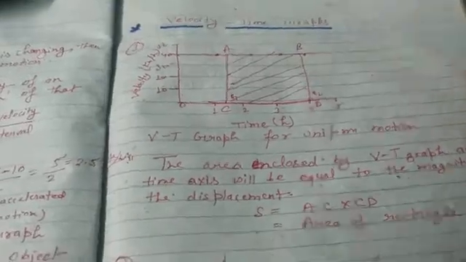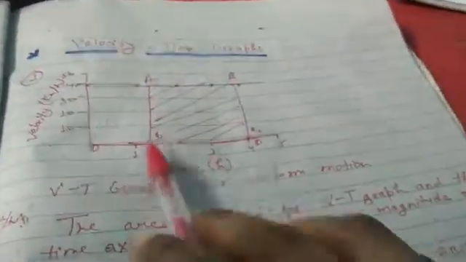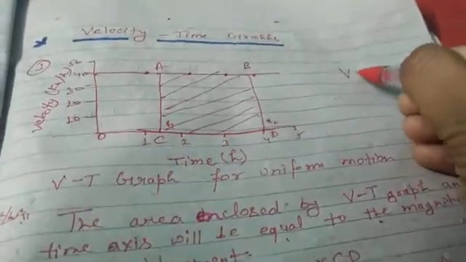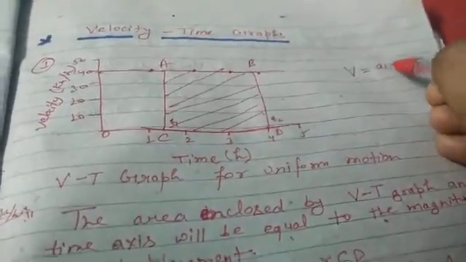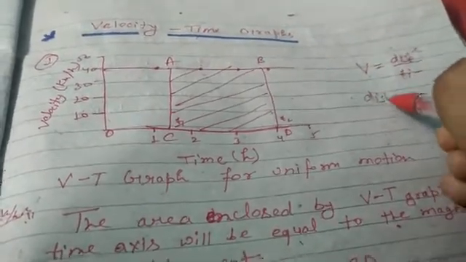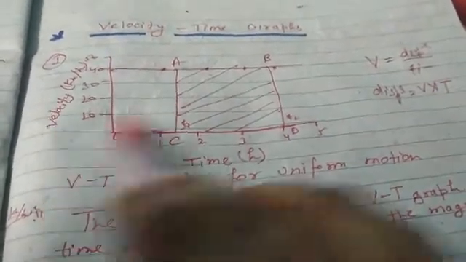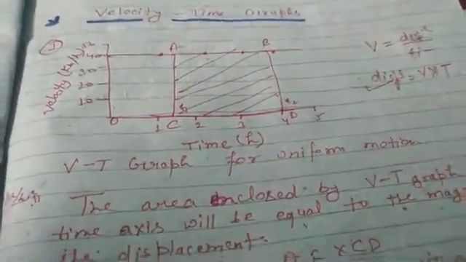Now here we are talking about the first one. You know the formula, velocity equals displacement upon time. That means displacement equals velocity into time. So from this graph we can find out the displacement of the object.